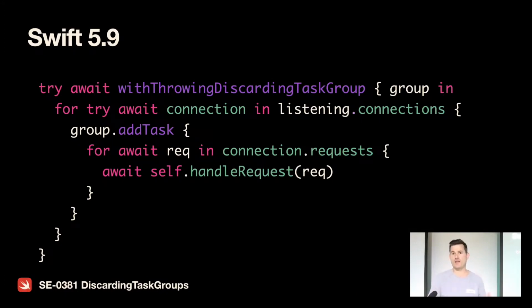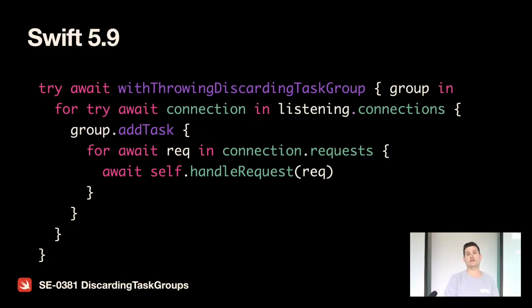You just want it to end, and then you want everything to be discarded. So there's a few bytes that actually get leaked at the moment just with the throwing task group. Even though there's no result, there's a few bytes just in the pointer to the task and its structure itself. So Swift 5.9, I'm really looking forward to that.